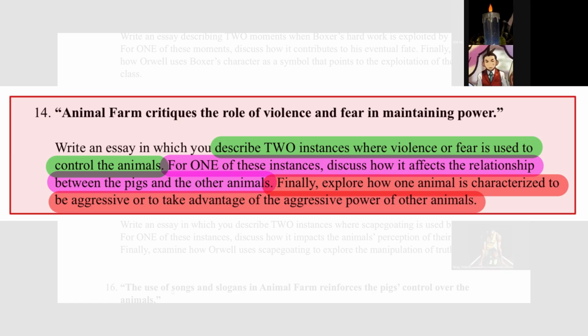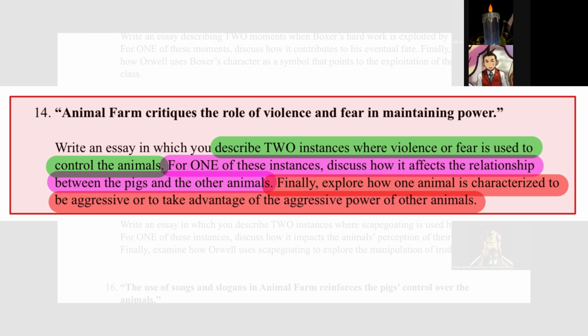For the first part, 2 instances where violence or fear is used to control the animals. One is in Squealer's speech when he was saying that Mr. Jones would come back if the pigs weren't in charge. And then another one where violence is used is when the pigs were whipping the animals.